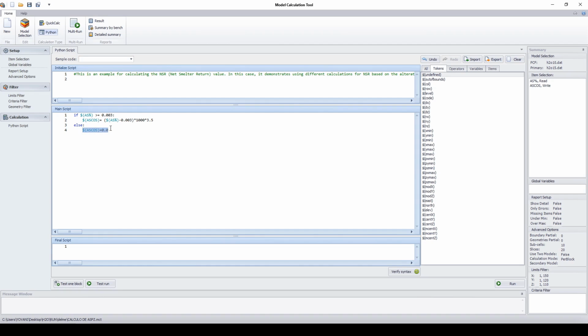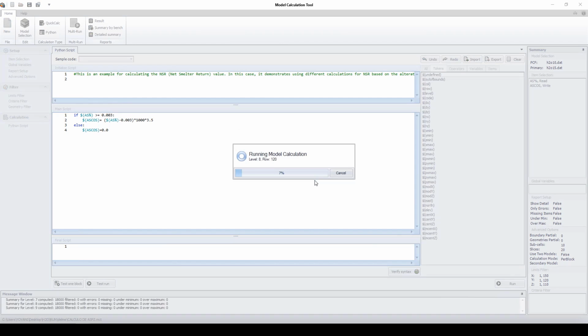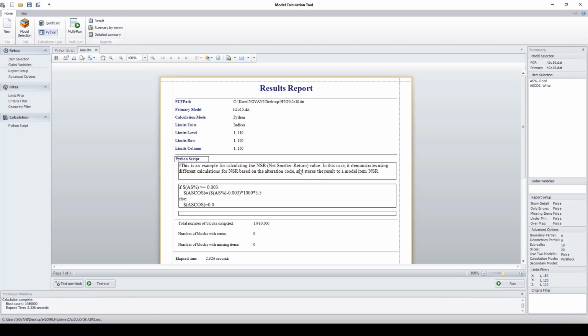Otherwise, there is no extra processing cost. Okay, let's verify the syntax and it's good, and we run it. By the way, this block model has up to 1 million blocks, so it's done. We can check that out.